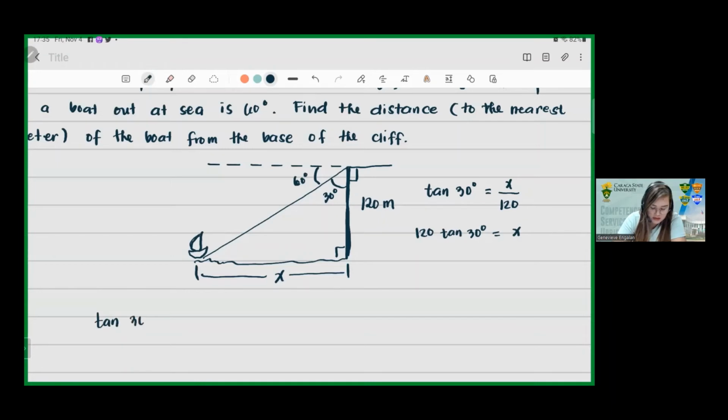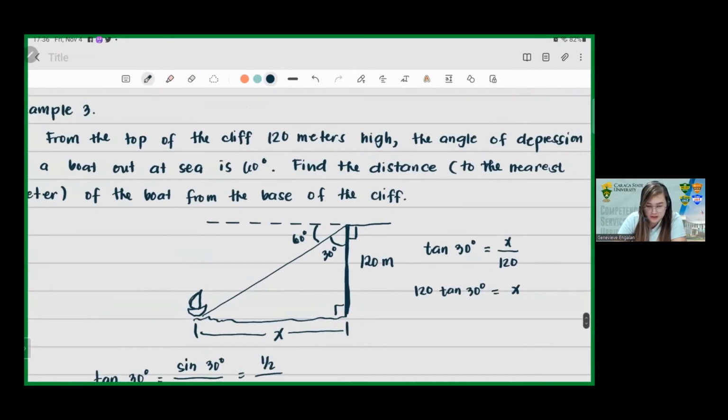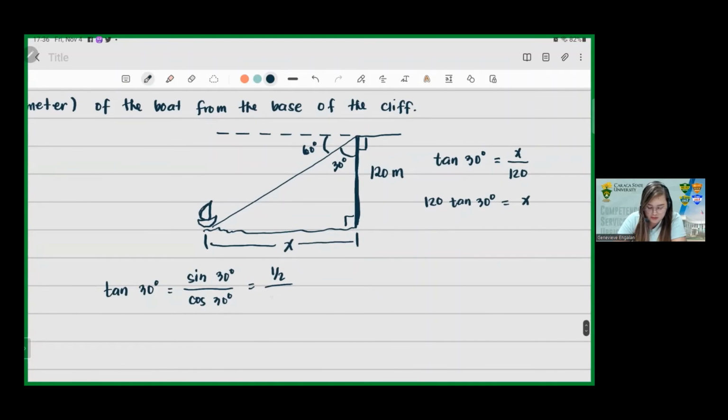Tangent sa 30 is equal to sine sa 30 over cosine sa 30. Cancel ang 2. Ang mahitabo, you have 1 over square root of 3, or that is just equal to square root of 3 over 3.